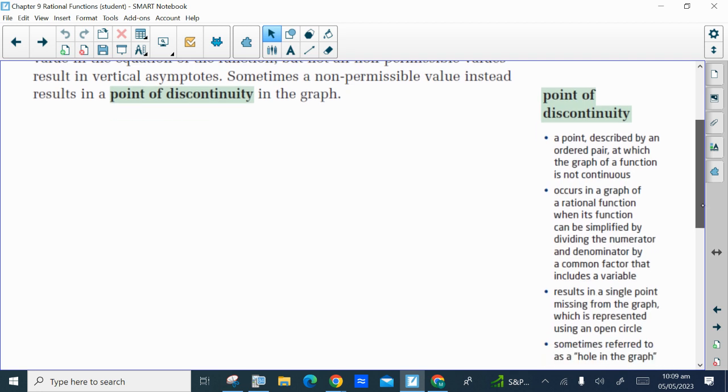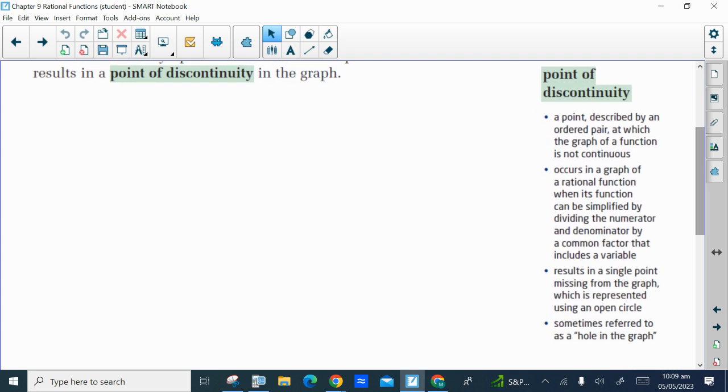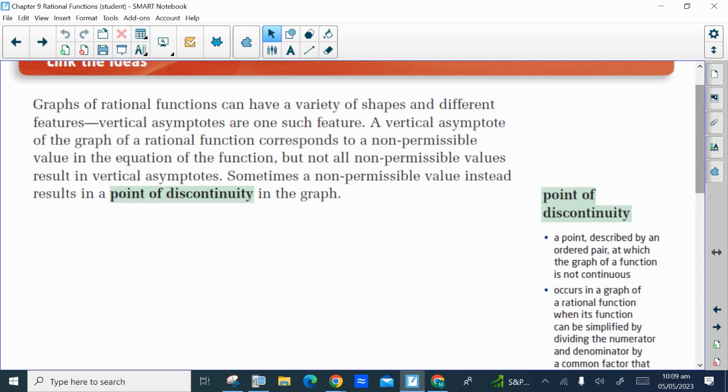We're going to see that it occurs in a graph of a rational function when it can be simplified by dividing numerator and denominator by a common factor that includes a variable. It results in a single point missing from the graph, which is represented using an open circle. Again, it's sometimes referred to as a hole in the graph.